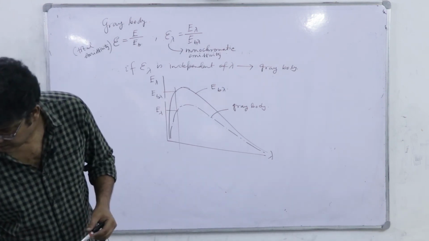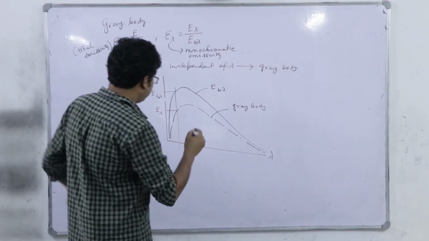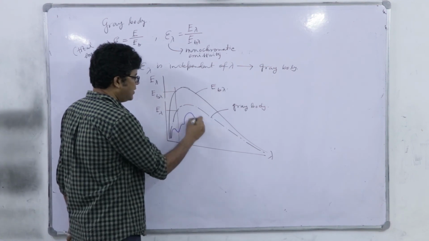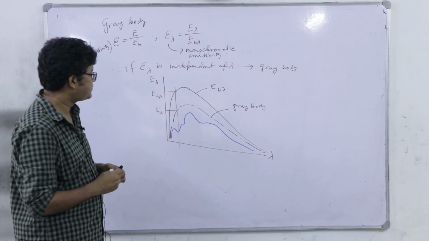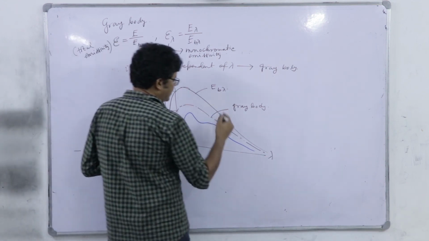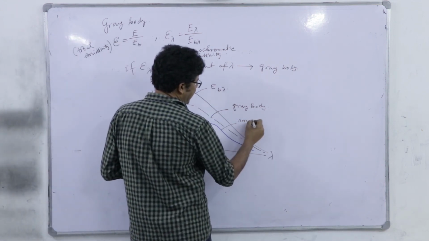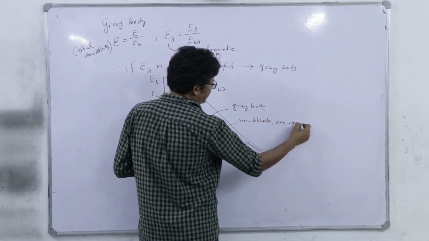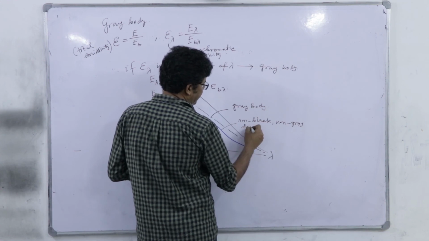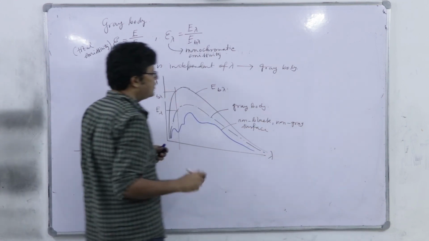And we can think of a real surface which is non-black, non-gray, like this, where there is no pattern. So, this is a non-black, non-gray surface. So, that is the understanding.